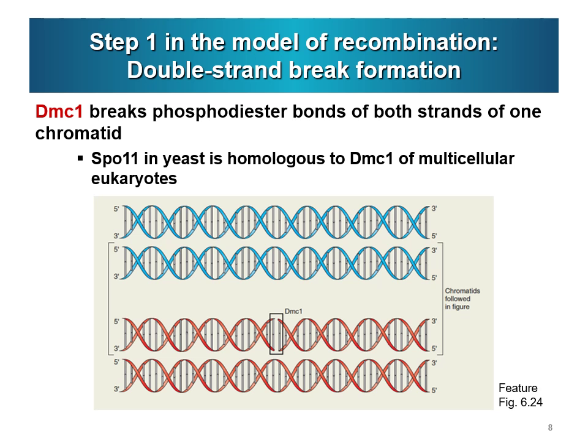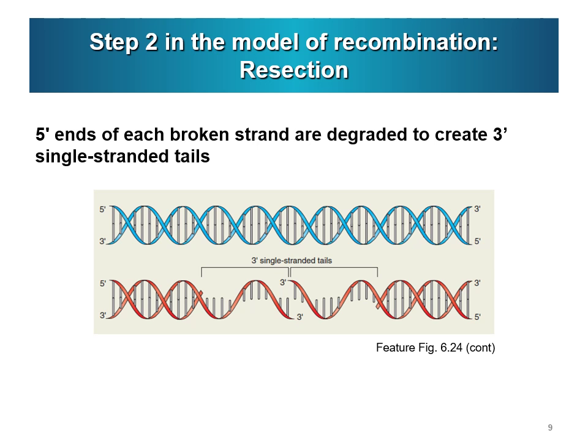Here you can see the enzyme comes and breaks the DNA, breaks the phosphodiester bonds there. Then the 5' ends of each broken strand are degraded to create 3' single-stranded tails.